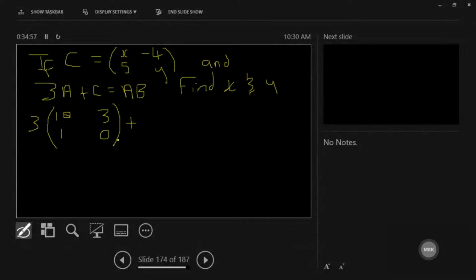So that plus C, so plus x, -4, 5, y. And they're saying it's equal to the product we just found, which was 35, 61, 5, 7.